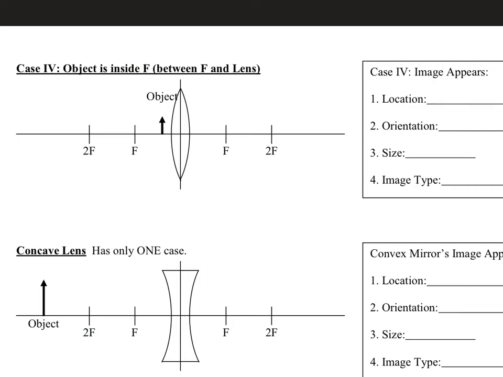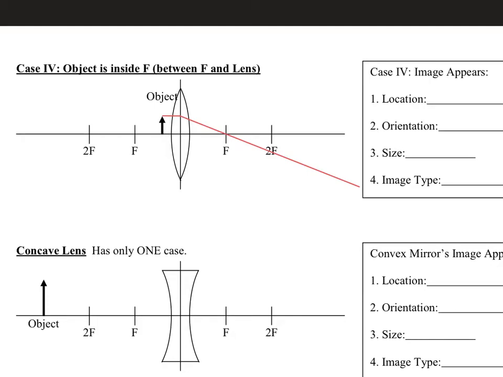Now let's move on to case 4. Our first ray comes in parallel to the lens, parallel to the axis, and hits the lens, and passes through. Let me make this as parallel as possible. And then refracts through F. So let me fix that. There we go.